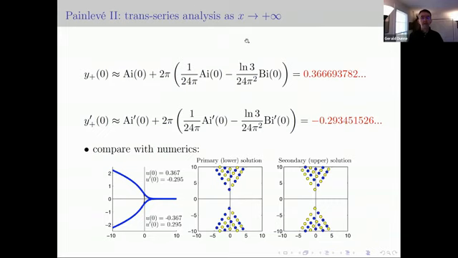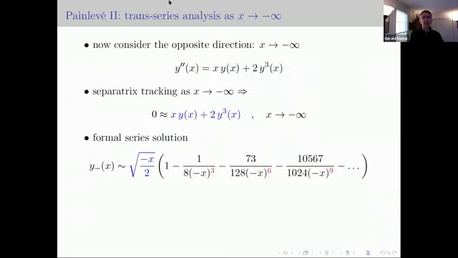And now, if there are no questions, let me turn to the opposite direction, where something very different happens. So in the x goes to minus infinity direction, I'm going to choose to study the solution that hugs this separatrix parabola. And that involves balancing these two things. So the leading piece is this minus x over 2.